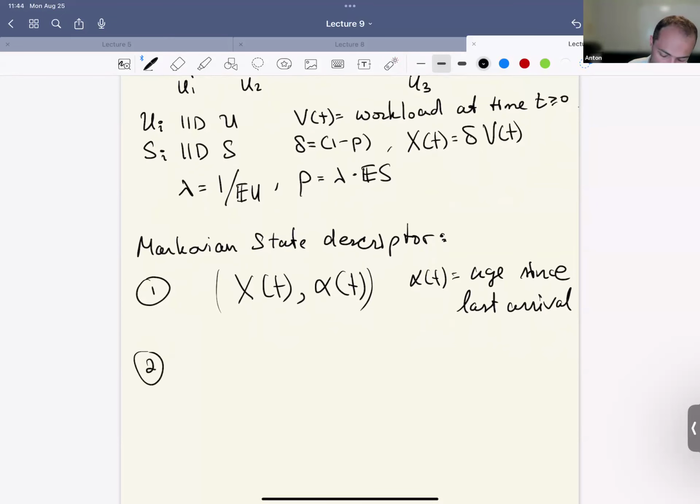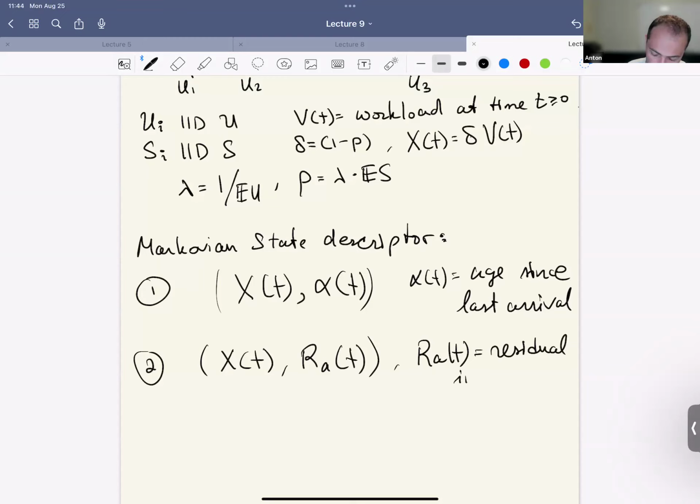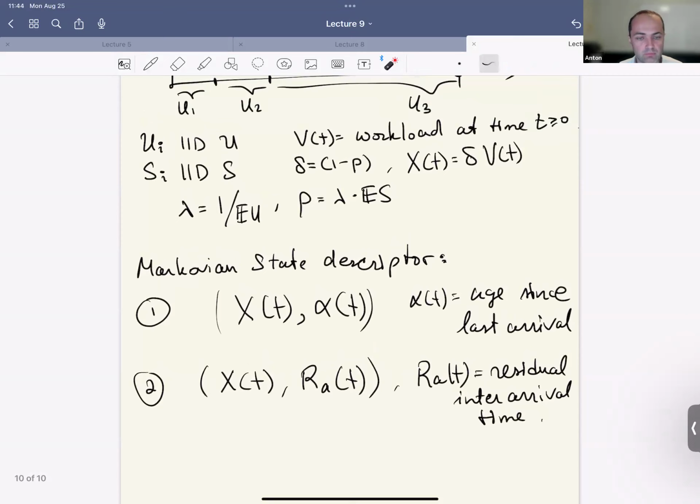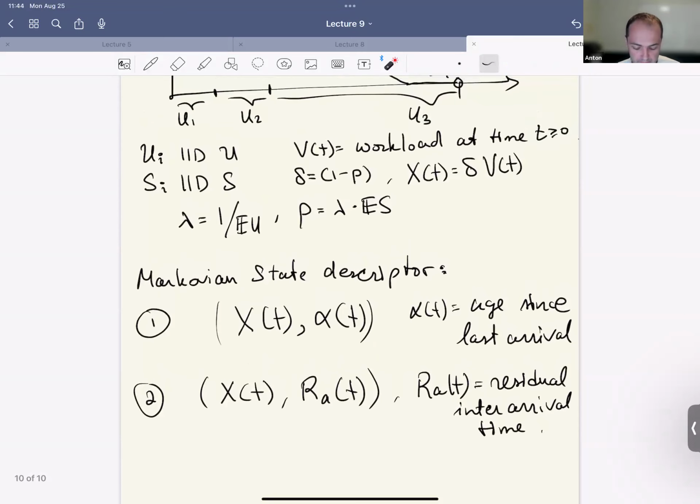Or a second state descriptor is X of t and the residual arrival time, R_a of t. This is the residual inter-arrival time, which tells you basically how much longer until the next arrival happens.